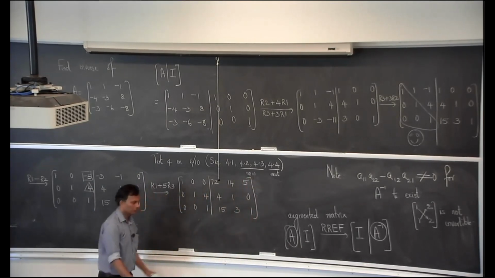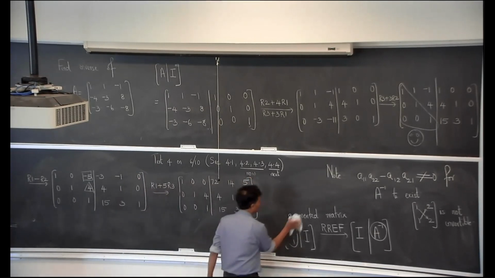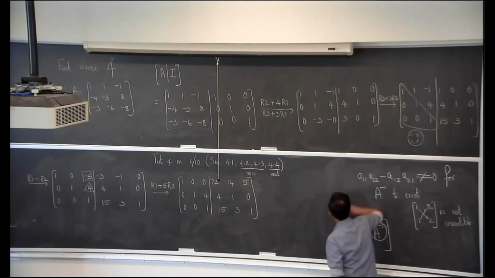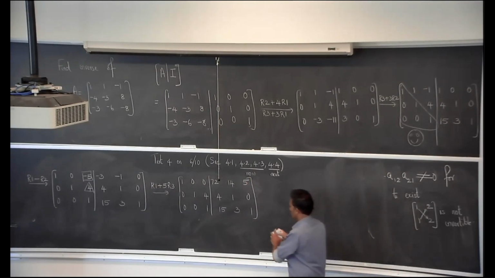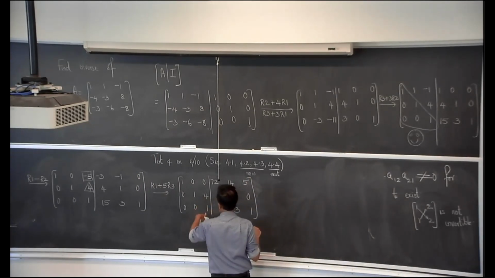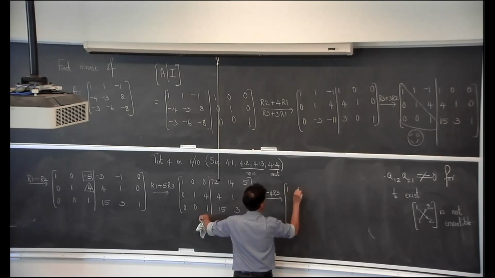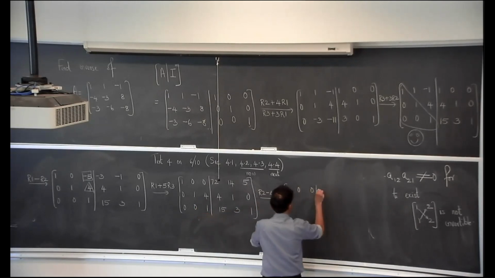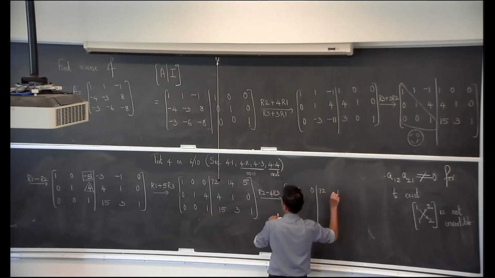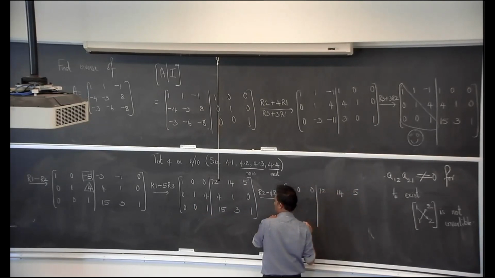One more to go, right? Since it looks like all of you get the idea, I'm just going to do that myself. R2 minus 4R3. Again, if you spot any mistakes in what I've written so far, please feel free to interrupt. 0, 1, 0.